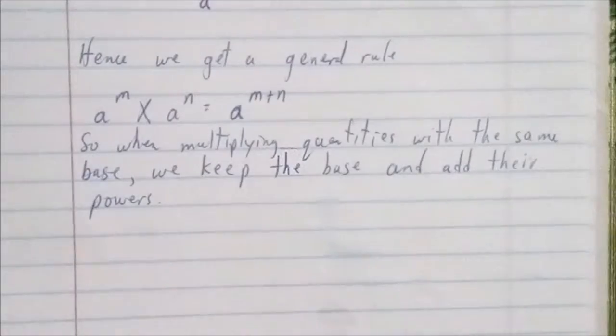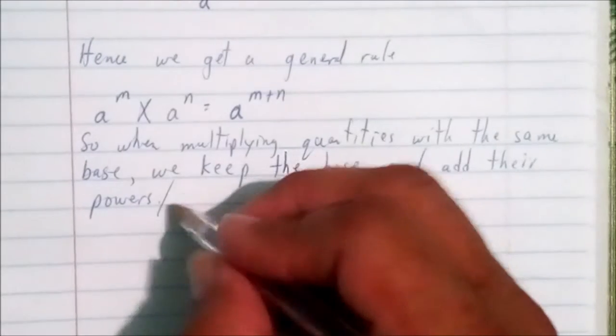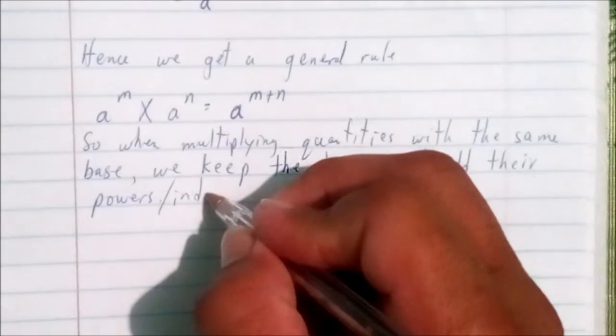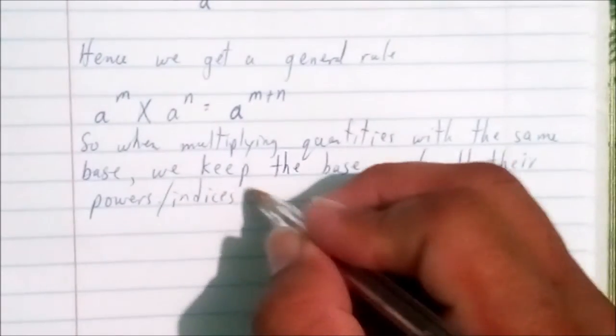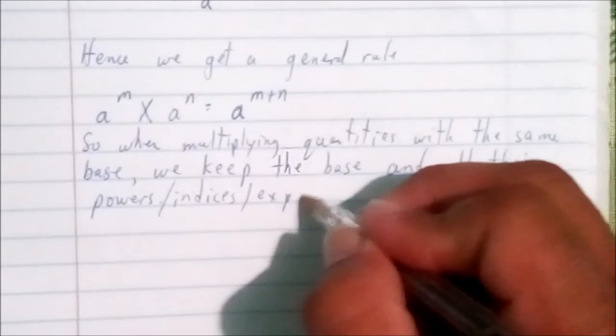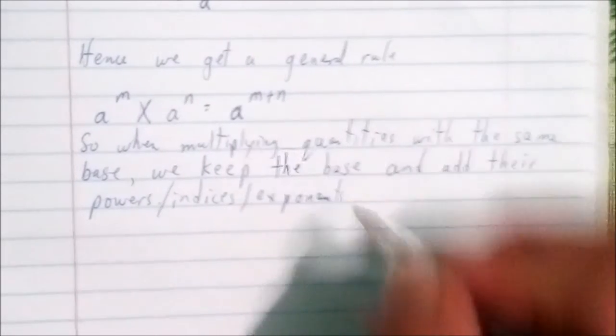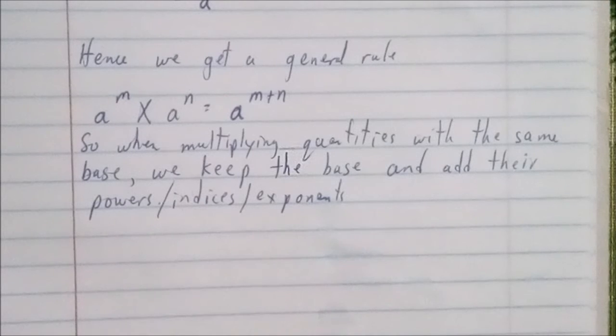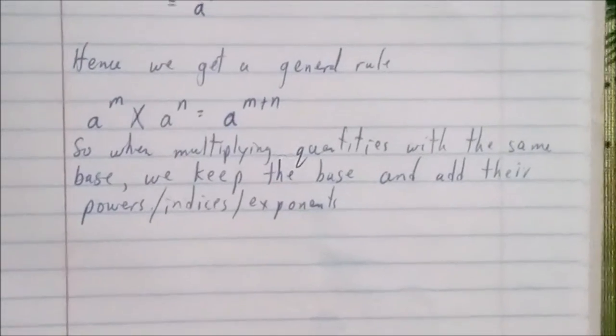Be careful, powers, or what you call indices, or what you call exponents, they all mean the same thing. Remember, I will not be repeating these words over and over again, so that you can understand what that means. So now let's go over this piece of the topic.